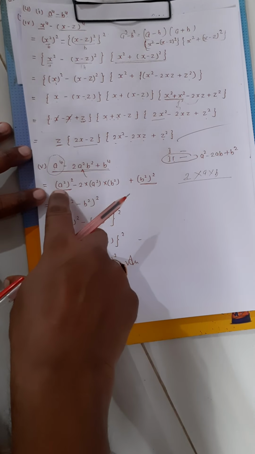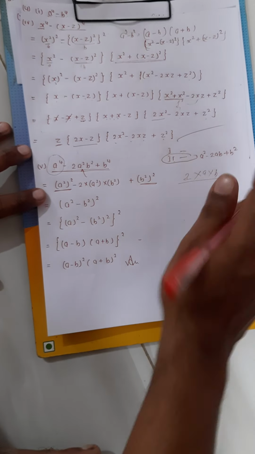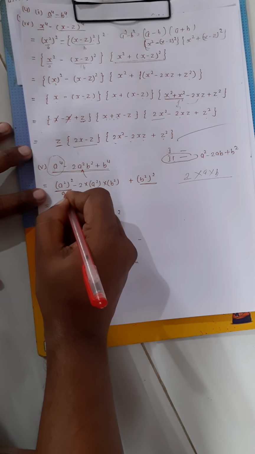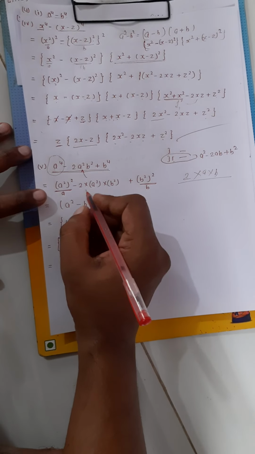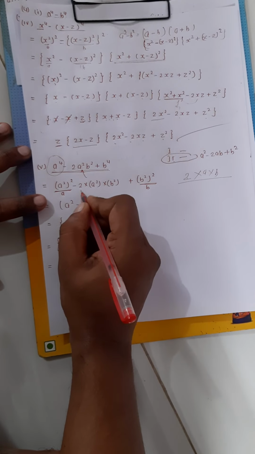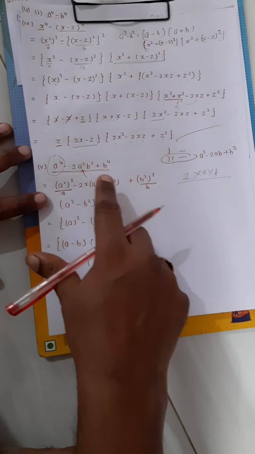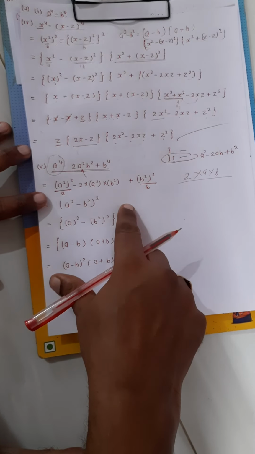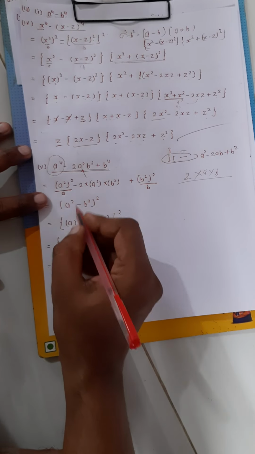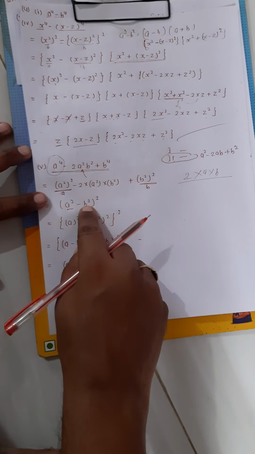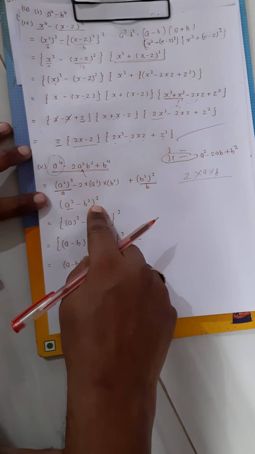If we compare with a square minus 2ab plus b square, the value of a will be a square, the value of b will be b square, and the value of 2ab will be 2a square b square. So our value becomes the whole square of a minus b, that is, the whole square of a square minus b square will come.